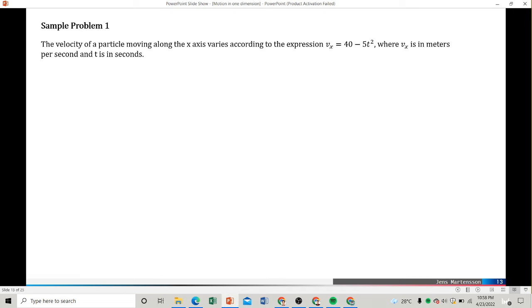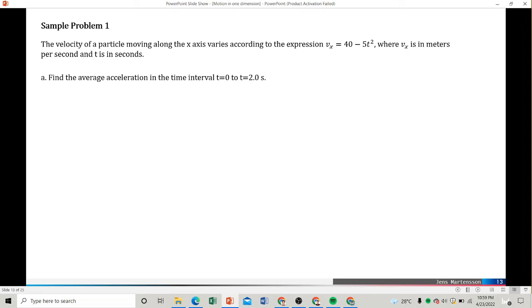So let's have sample problem 1. The velocity of a particle moving along the x-axis varies according to the expression Vx is equal to 40 minus 5t squared, where Vx is in meters per second and t is in seconds.